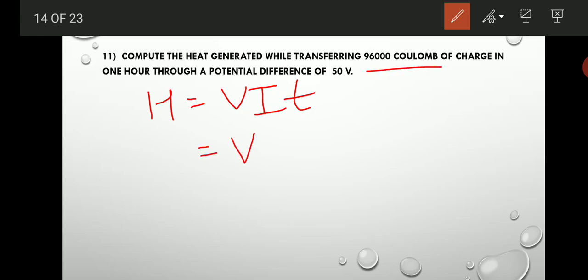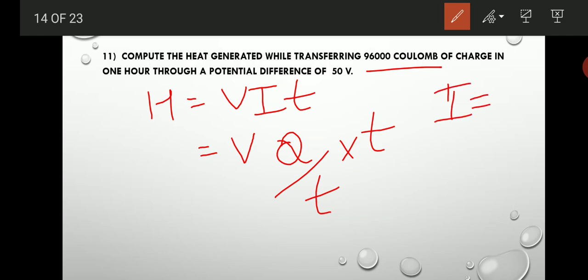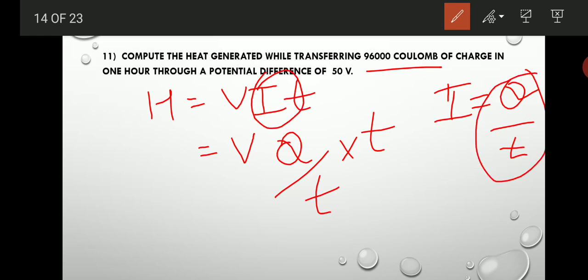So I can replace I by Q over T. Okay, why? Because we know that current is the rate of flow of charge, right? So I just substituted this term instead of I. Now T and T get cancelled. So what is remaining? V and Q. Now we can easily find the answer.